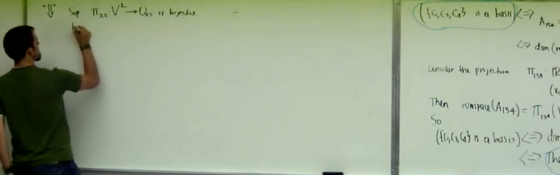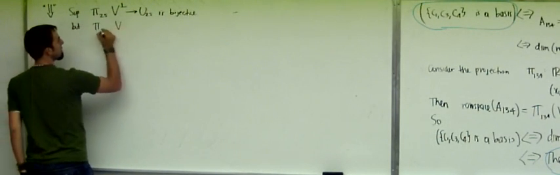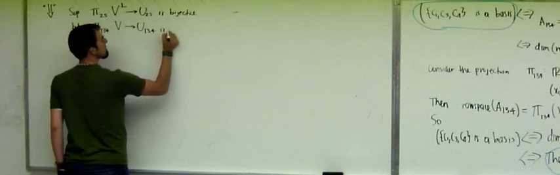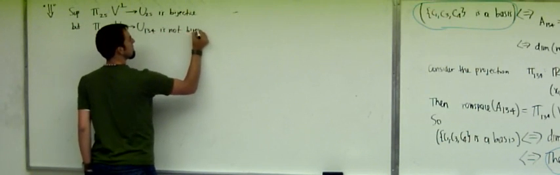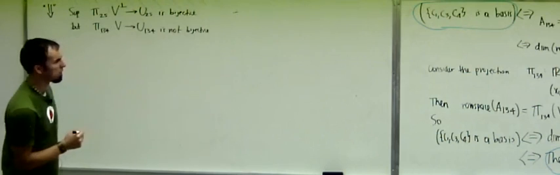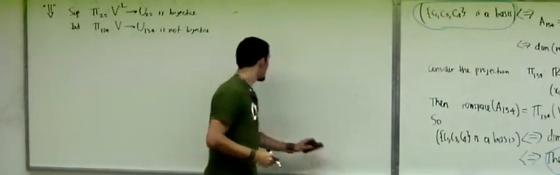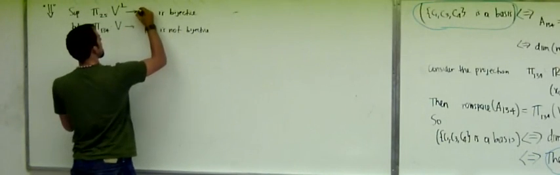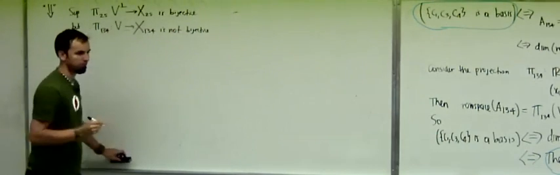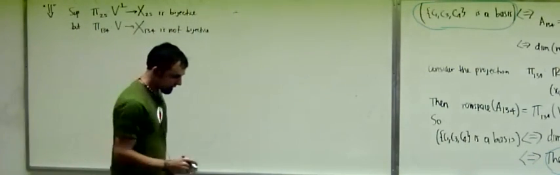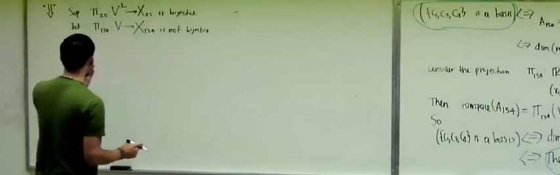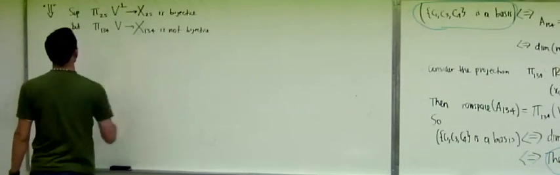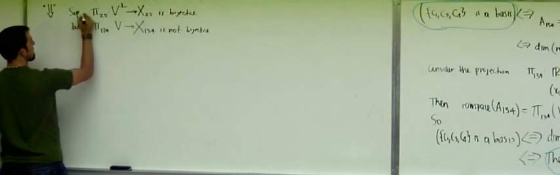But when I project V onto the coordinates 1, 3, and 4, that's not a bijective map. Did you switch your? Yeah. Those should be x's. What you have is u's. Right. Thank you. These should be x's. Okay. So one and 2.